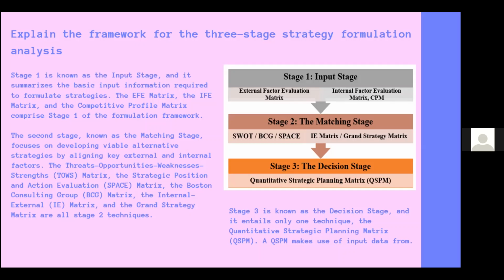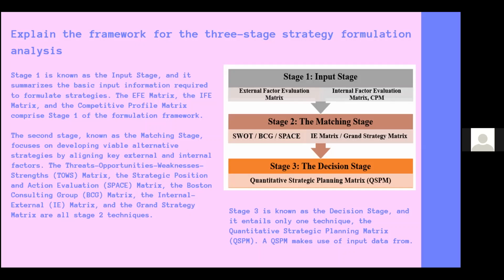In stage 2, known as the matching stage, the focus is on developing viable alternative strategies by aligning the external and internal factors, the threats and opportunities, weaknesses and strengths, known as the SWOT analysis, and the strategic position and action evaluation, or SPACE. The Boston Consulting Group, or BCG matrix, and the internal-external and the grand strategy matrices are all stage 2 techniques.